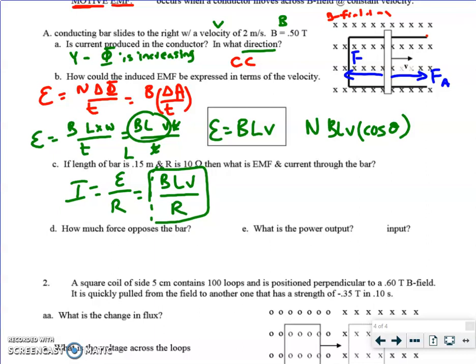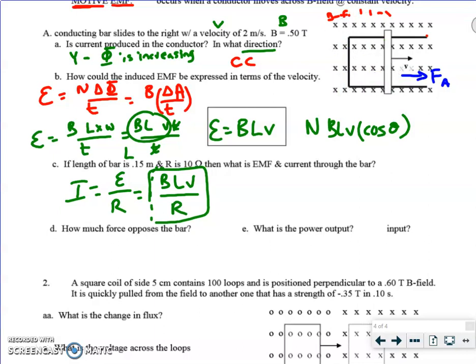Remember, we have a current moving in a counterclockwise fashion here. So if there's current in this loop going around and around, then that creates its own magnetic field. It does create its own magnetic field, which interacts with the existing magnetic field and gives a sideways force. So let me restate that.